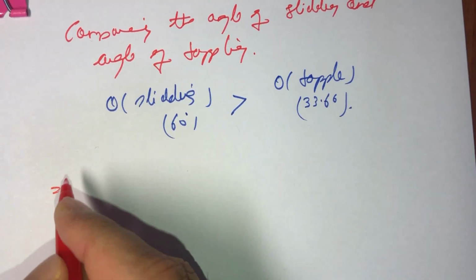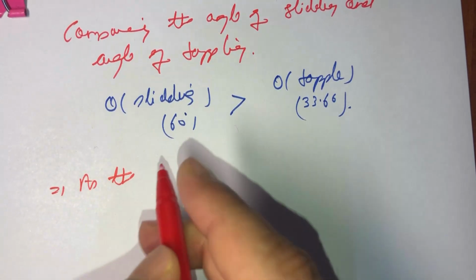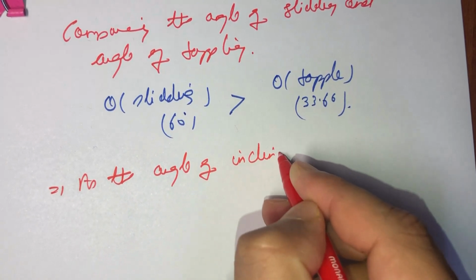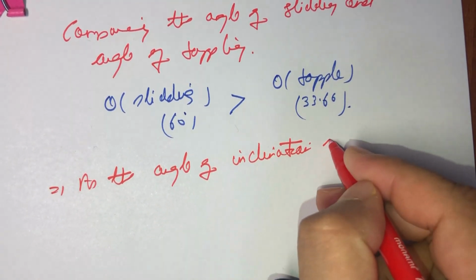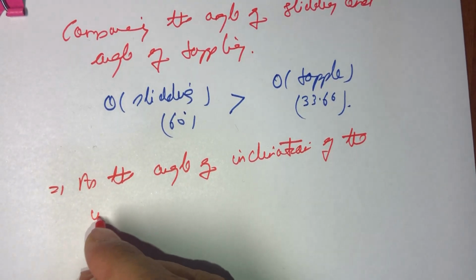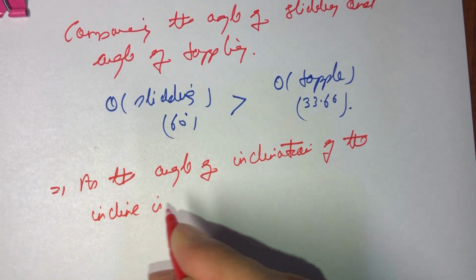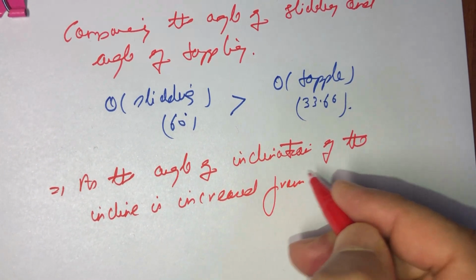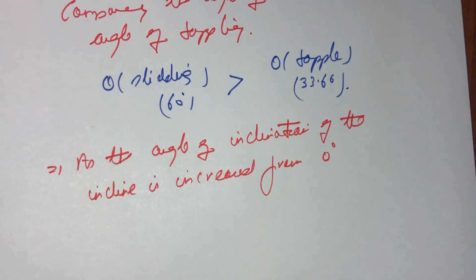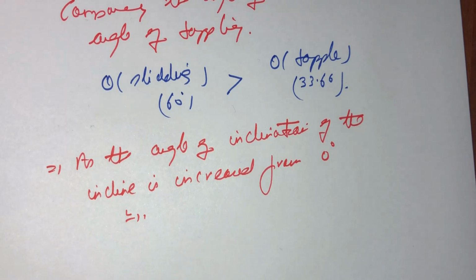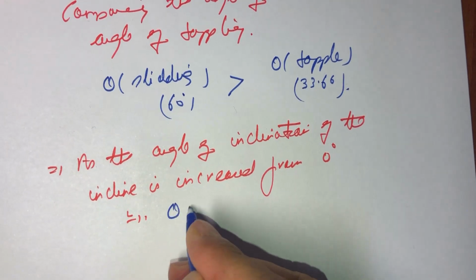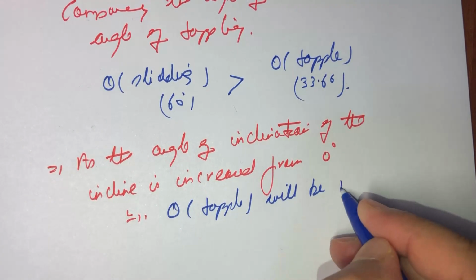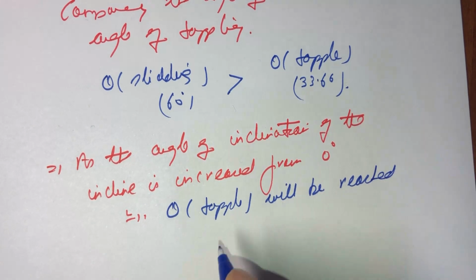So as the angle of inclination of the incline is increased from 0 degree, theta topple will be reached first.